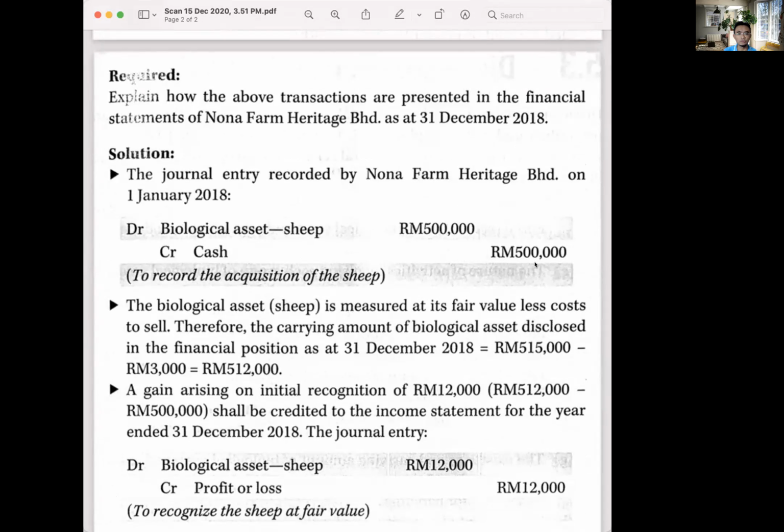Therefore, the carrying amount of biological assets disclosed in the financial position as at 31st December 2018 was 512,000, which is the fair value 515,000 less the cost to sell 3,000 tadi. Jadi 512,000 is the fair value at the end of 2018.